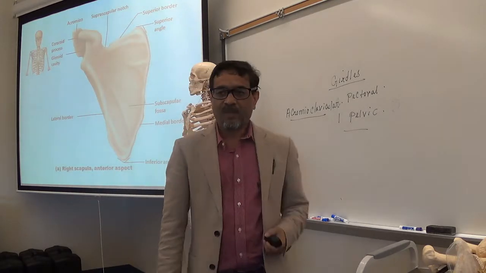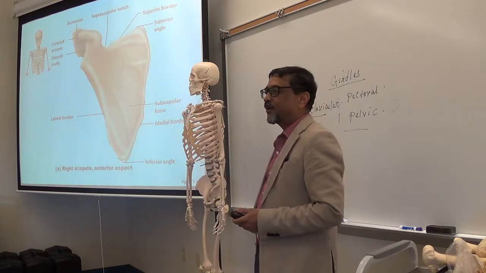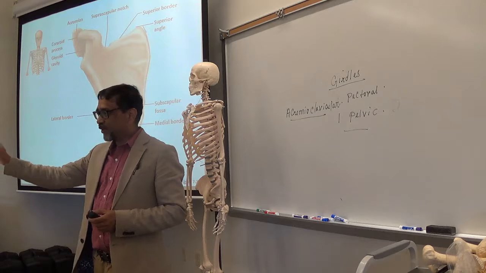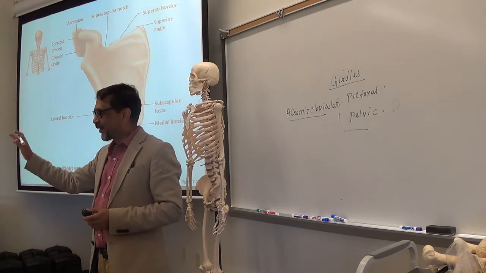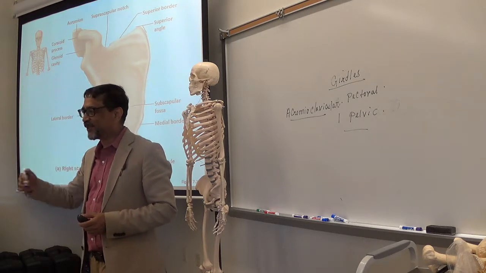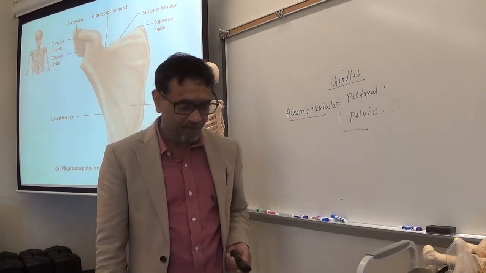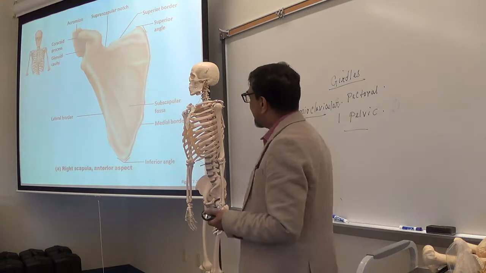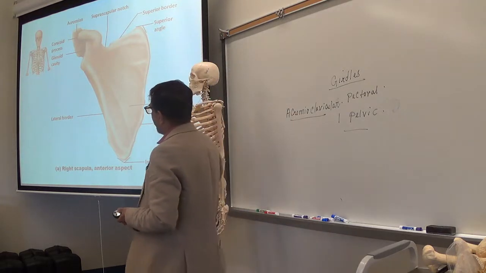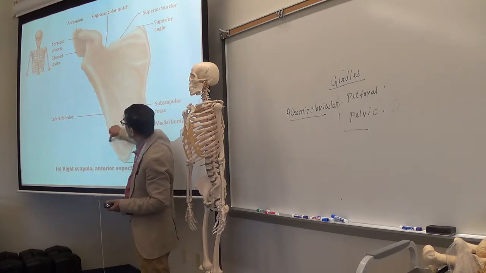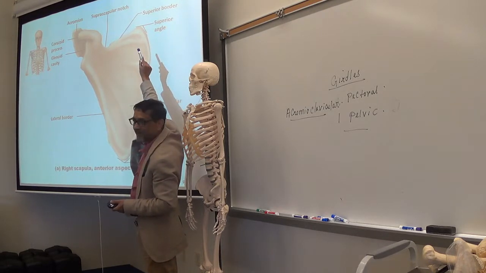This is a scapula, also called shoulder blade. But if someone asks you, don't say shoulder blade, okay? You are studying anatomy, right? So you should now use the medical terminology. So this is a scapula. Scapula has three borders. Superior border, make sense?